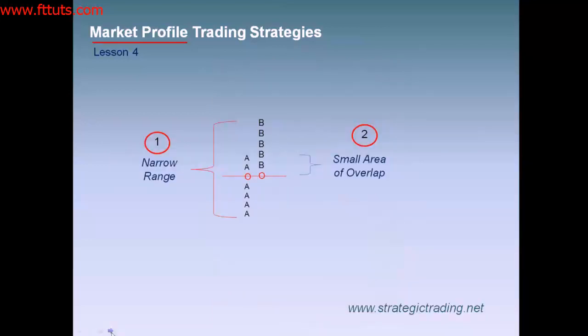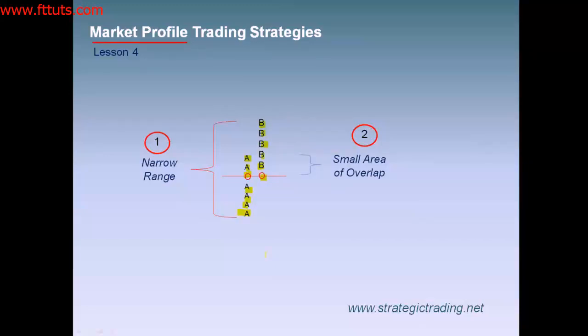All right, so once again, just to emphasize, we always look at the initial balance area, A and B, and on the 29th, we had 1, 2, 3, 4, 5, 6, 7 A prints, and we had 1, 2, 3, 4, 5, 6 B prints.